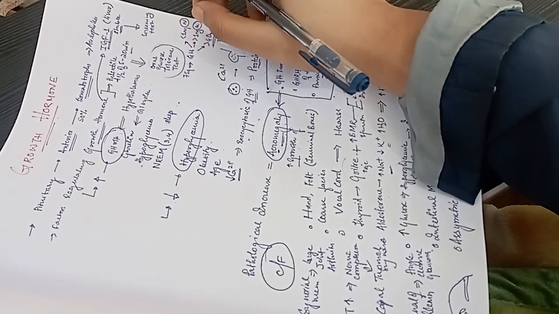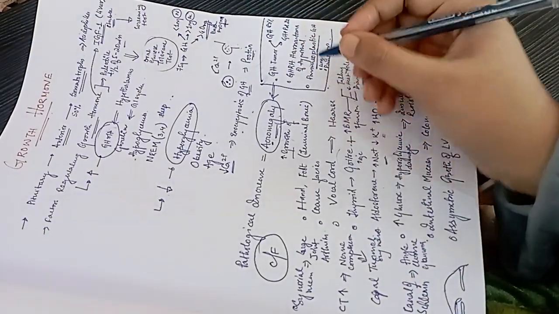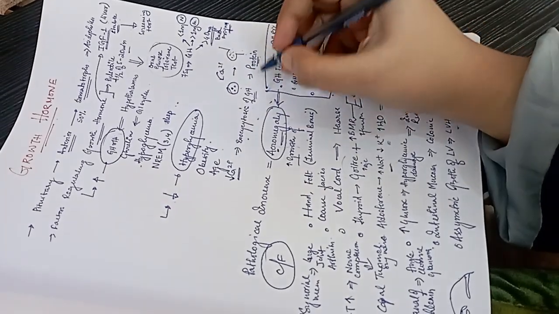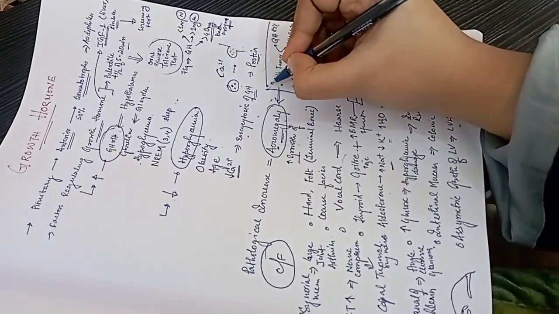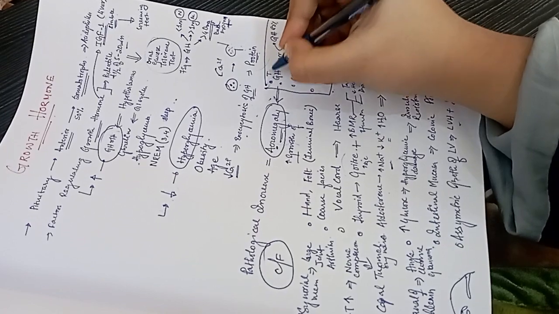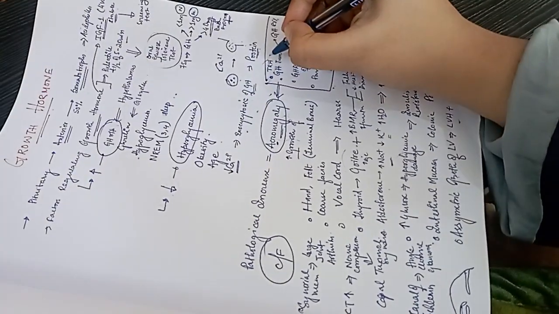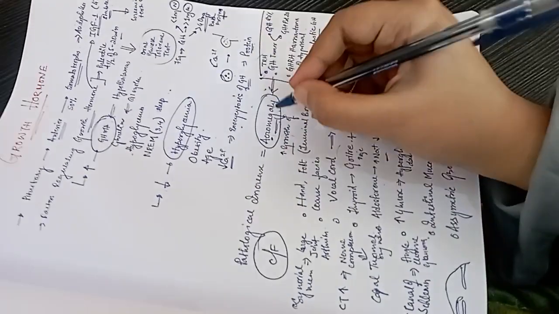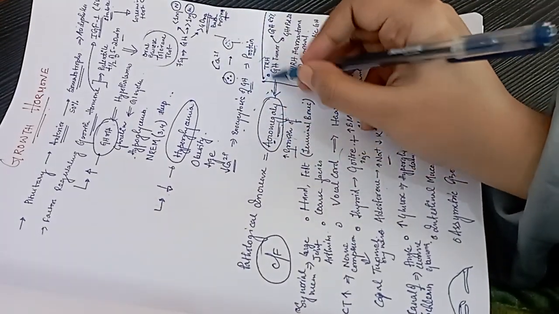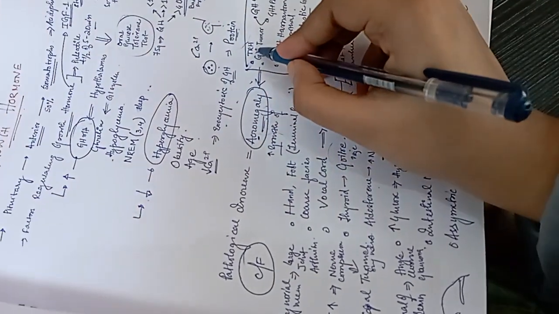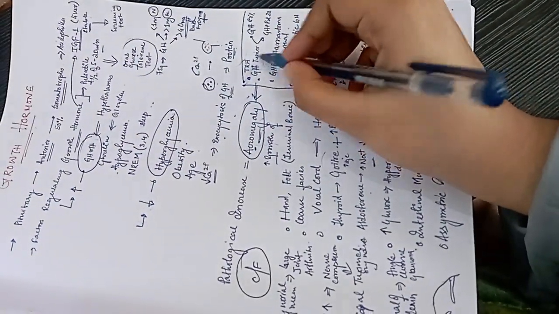Another thing we can say is that acromegaly can also be precipitated by an increase in TRH. TRH causes an increase in growth hormone and in prolactin, and also causes anorexia nervosa.